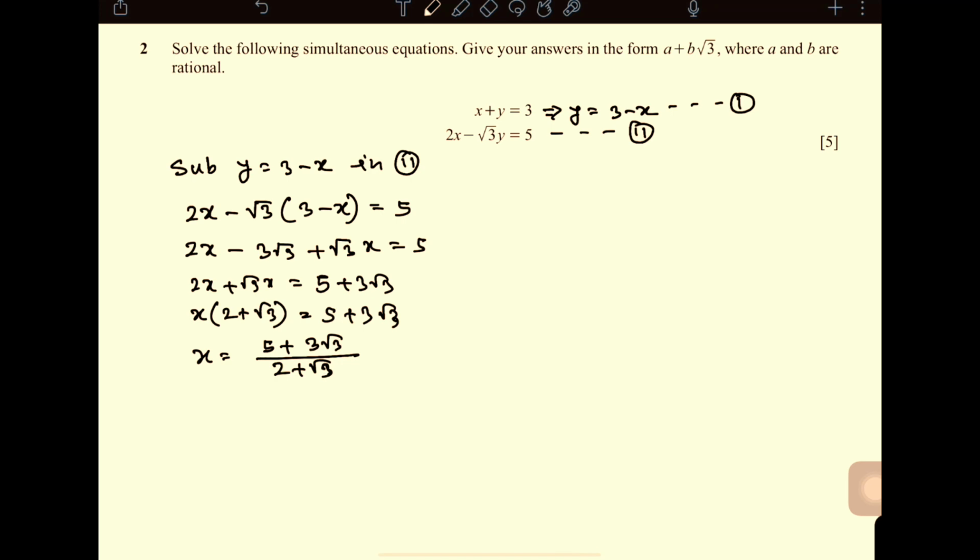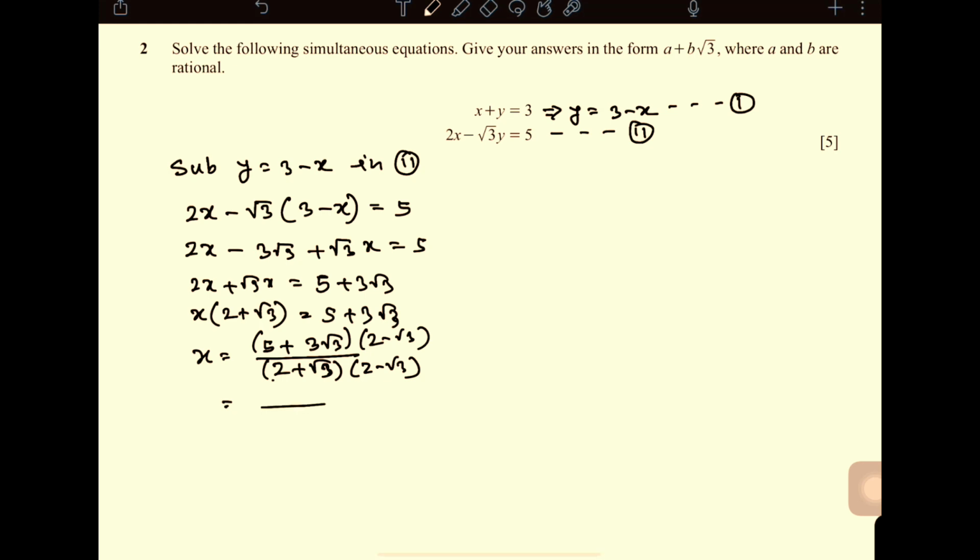We need to rationalize this one. To rationalize this one, we need to multiply numerator and denominator both by 2 minus root 3. So a plus b into a minus b, I mean 2 plus root 3, 2 minus root 3.